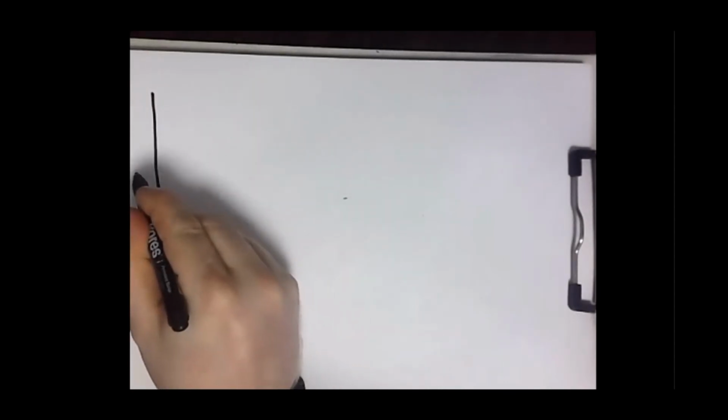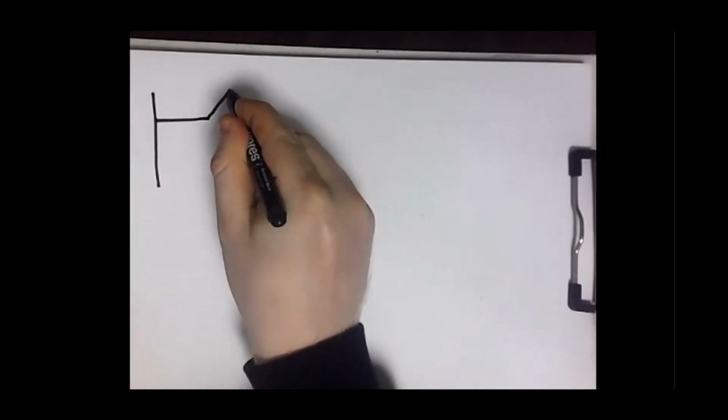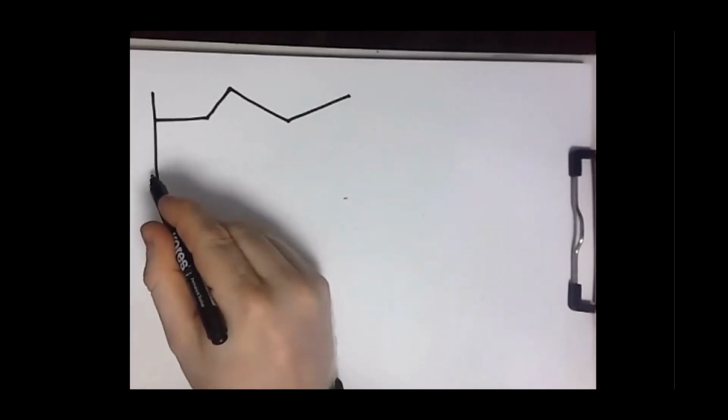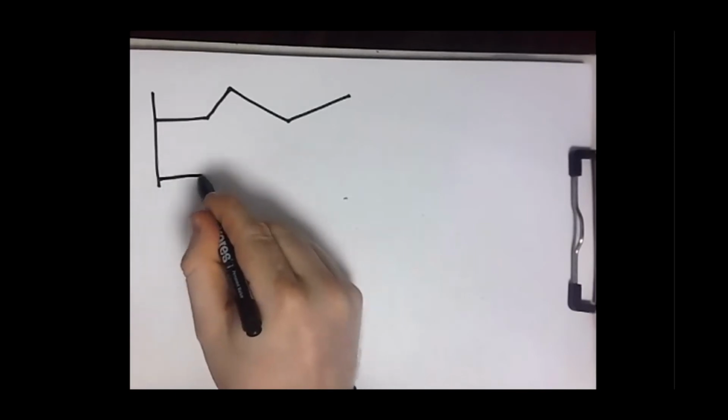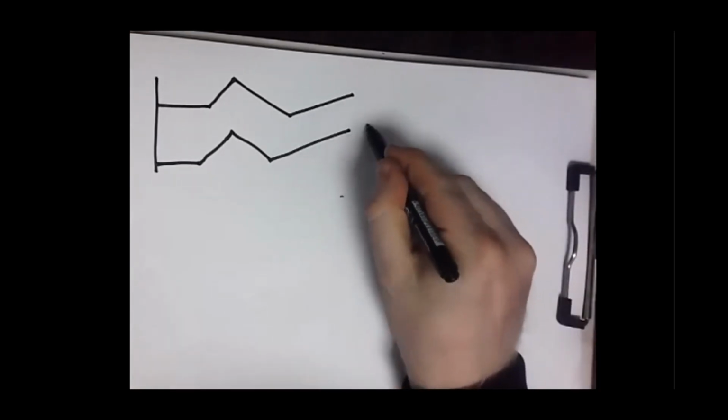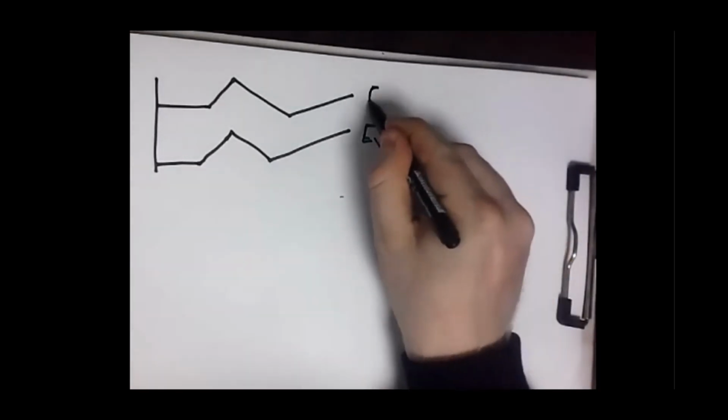So as you can see, this is our energy bandogram. An energy bandogram looks like this. And this is, of course, the valence band, and this is the conduction band.